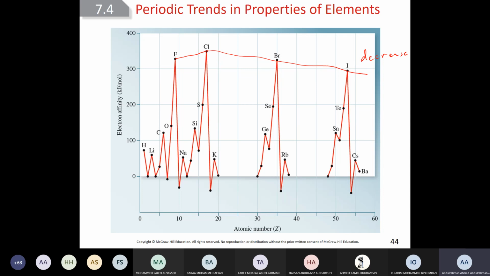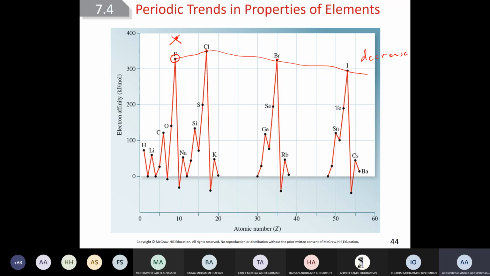Why do you think this is the reason? If it goes normal, iodine, then bromine, then chlorine, fluorine should come here, right? But fluorine is coming down here.